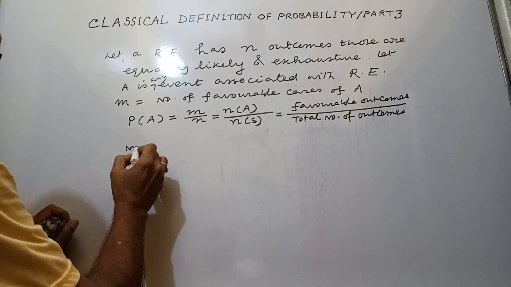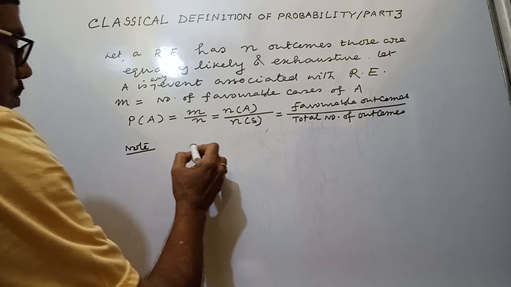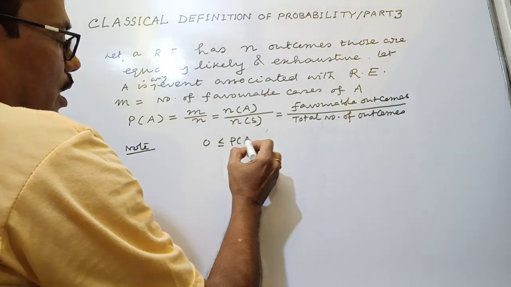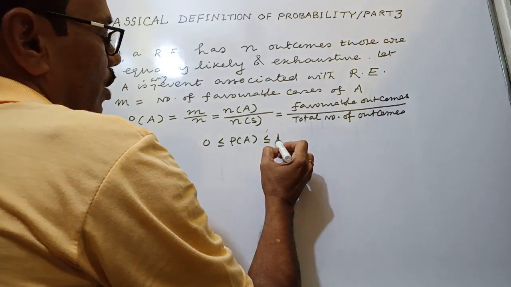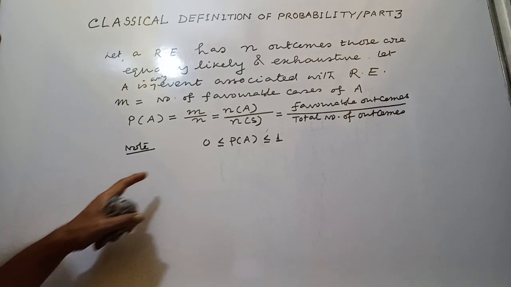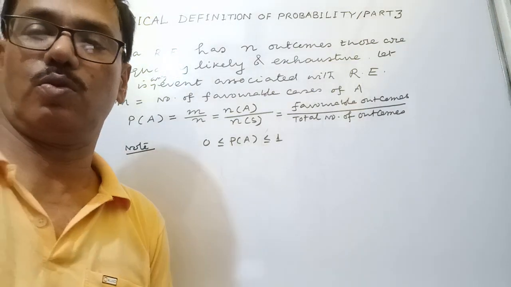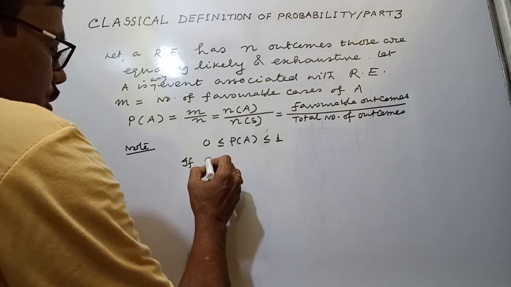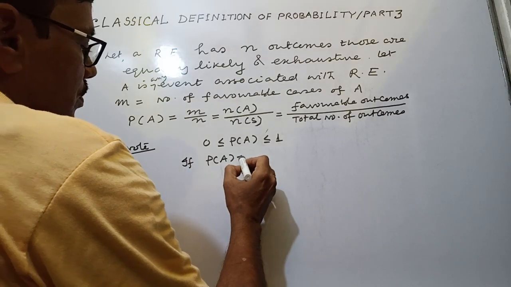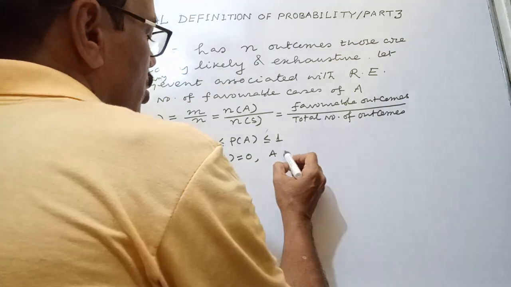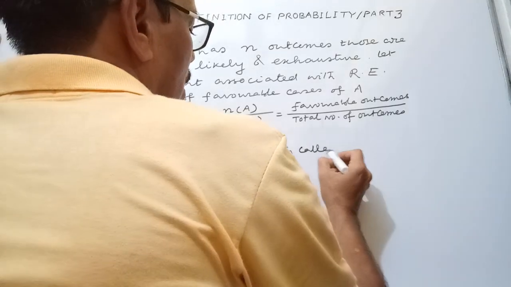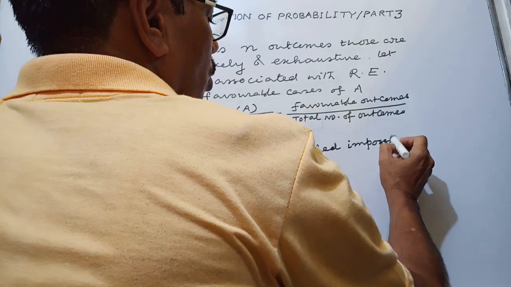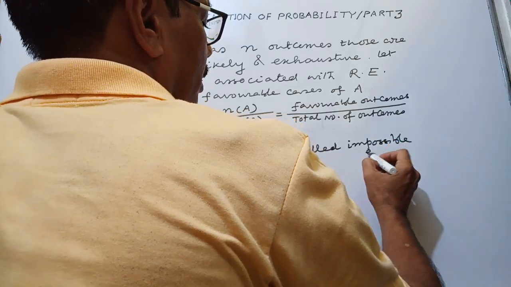So this is our definition. Now note, 0 is less than or equal to P(A), probability cannot be negative. It lies between 0 and 1. Now if P(A) equals 0, then A is called an impossible event.